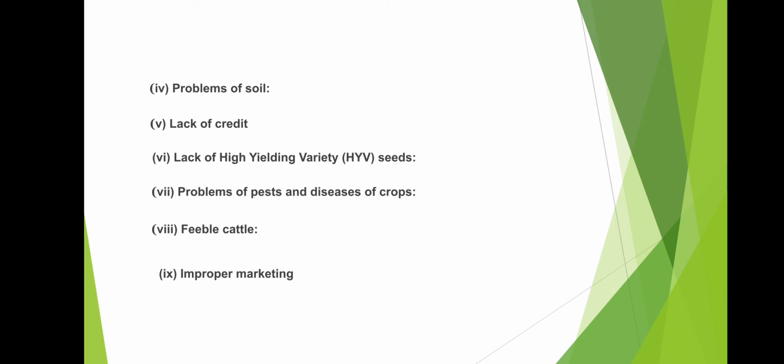When the quality of the soil is not good, the result is seen on the productivity. So there are certain problems related with the soil, but these problems can be sorted out with the help of science and technology. But it depends how much endeavor is taken for this purpose.